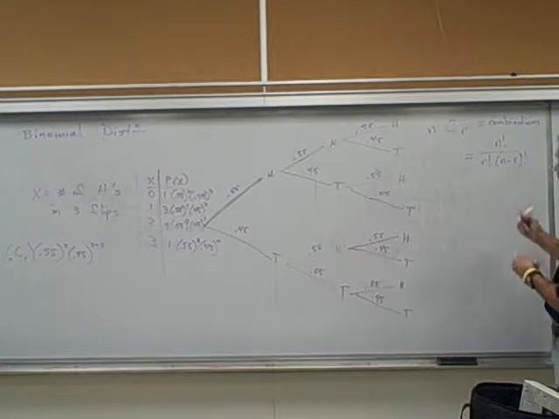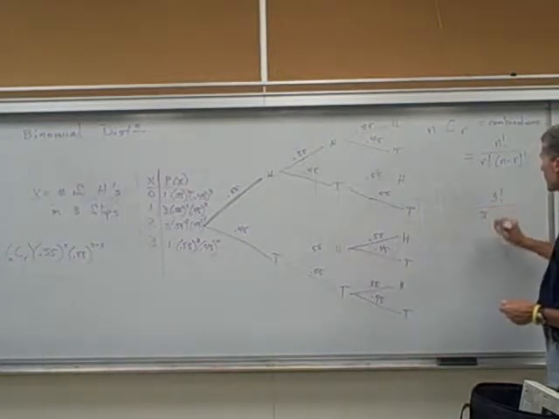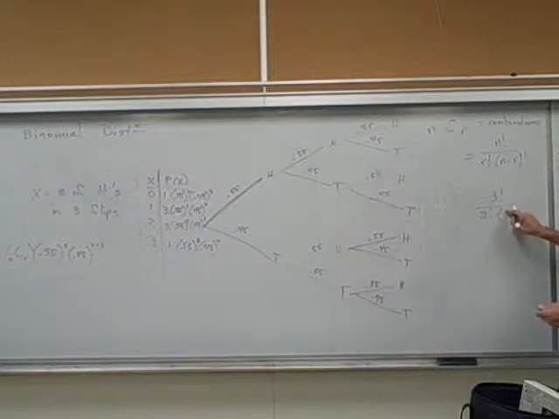So I would have 3 factorial over 2 factorial times 3 minus 2 factorial, and that's 1 factorial, which is just 1. And by definition, 0 factorial is also 1. Okay? And there's no real easy way to see why that's the case. It just kind of has to be defined that way.